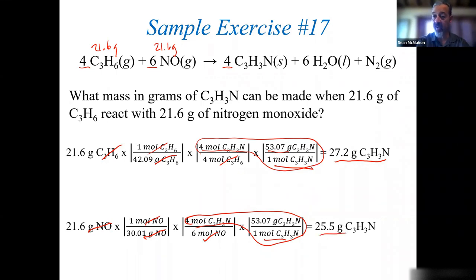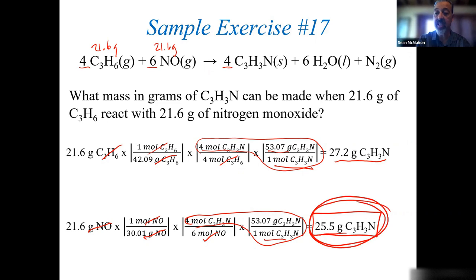So again, what's the theoretical yield? The smaller amount. So I would box or circle this as my answer. If you don't box or circle the answer, I don't know which one you're picking for the final answer. So you would still get credit, like this problem's worth 9 points.